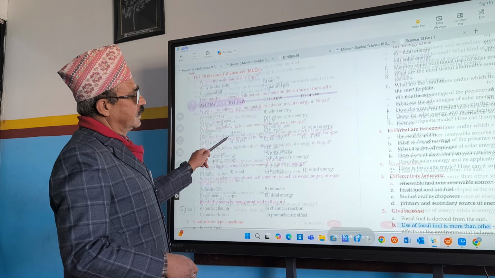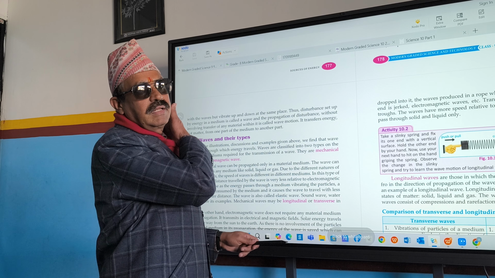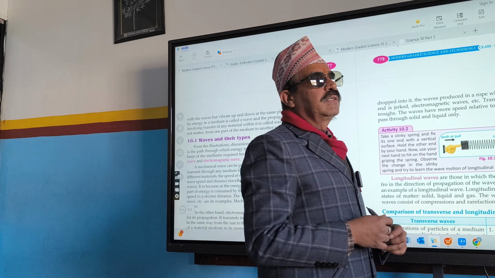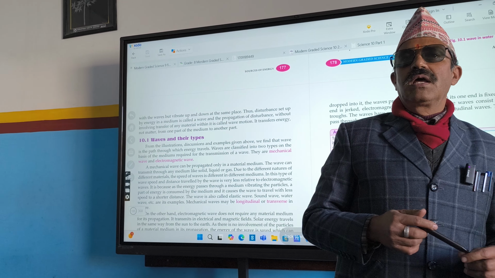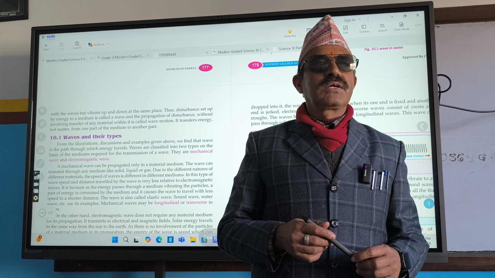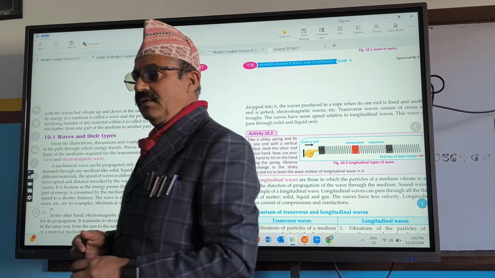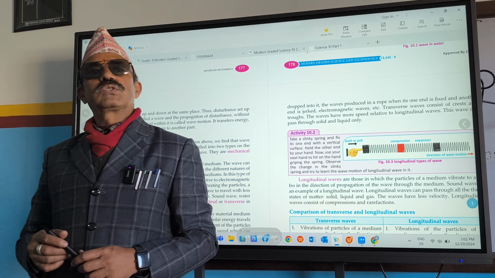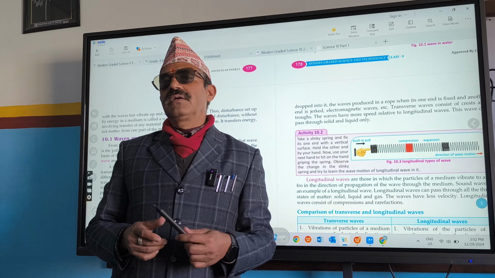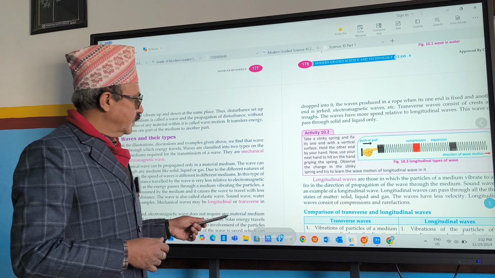Mainly, we can categorize waves into two types, either electromagnetic wave or mechanical wave, or we can categorize them into transverse wave and longitudinal wave. Those things you have to keep in mind.